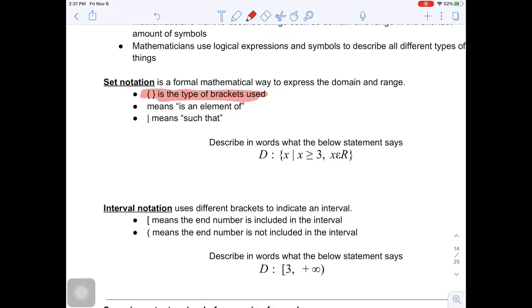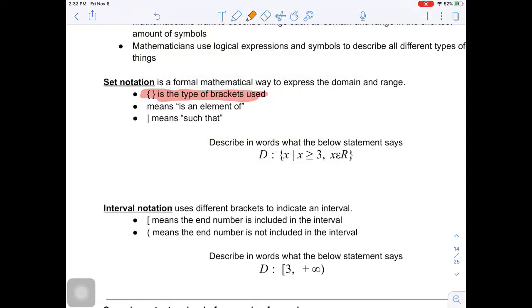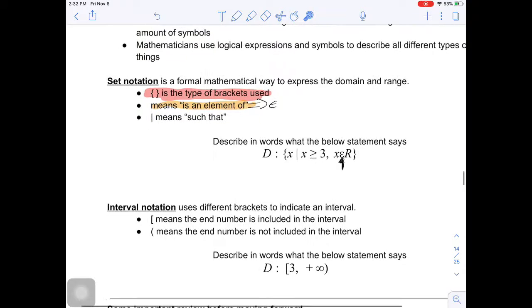We've talked about it in previous videos. This symbol means an element of. This is the little e, so you can see that here. When you write a little e, that means is an element of, and this little line here is known as such that.